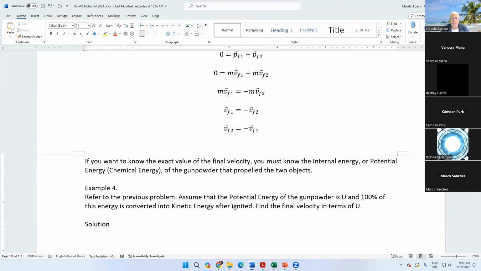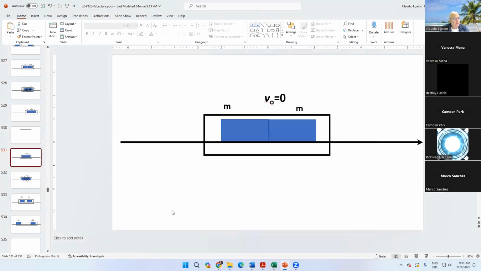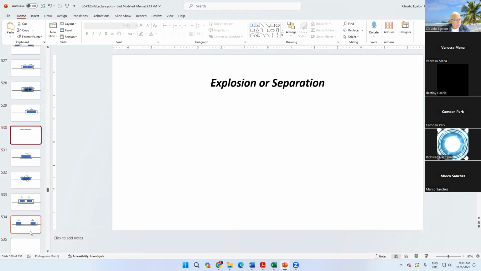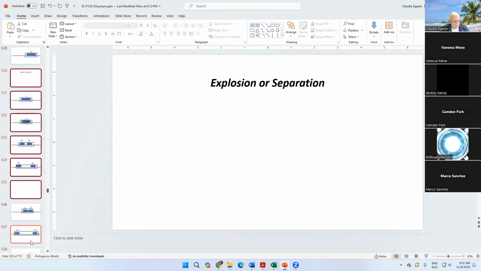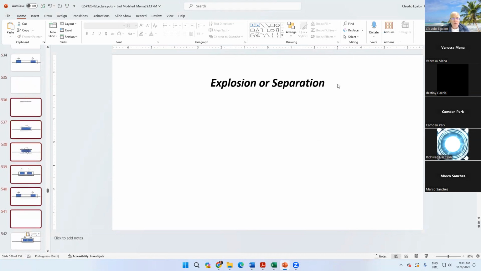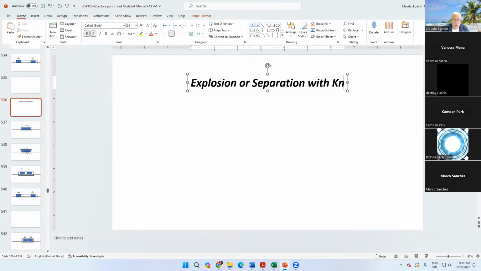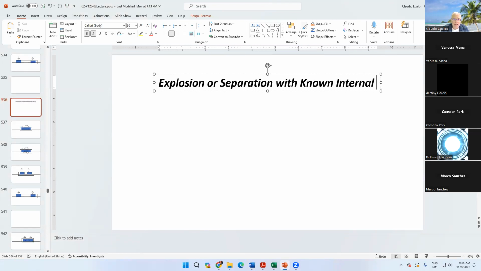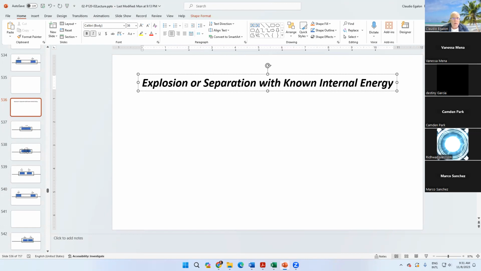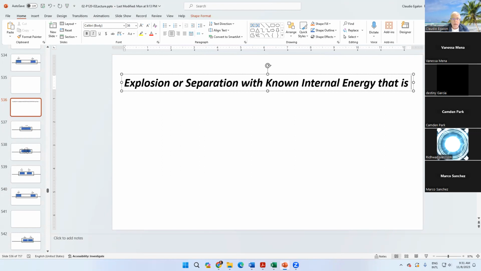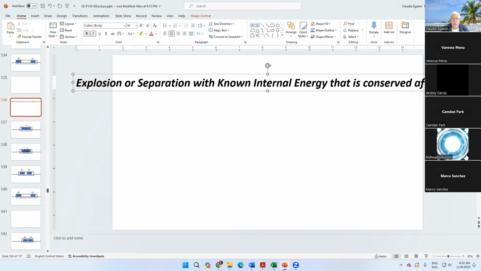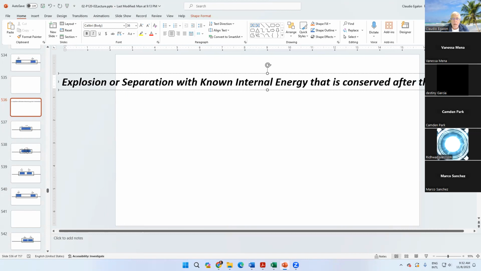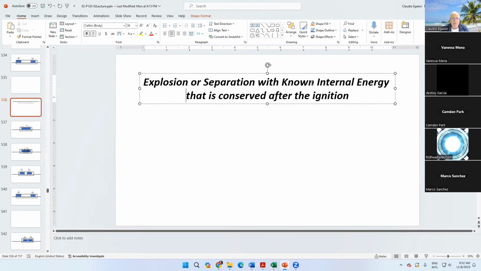Solution. So now we're going to go back right in here to this problem. Explosion or separation with non-internal energy that is conserved after the ignition, okay? That's conserved after the separation.